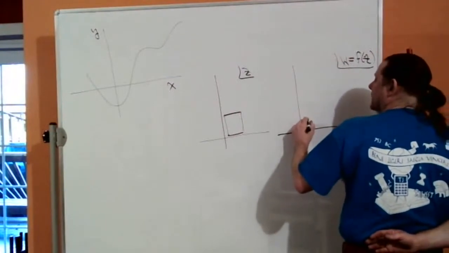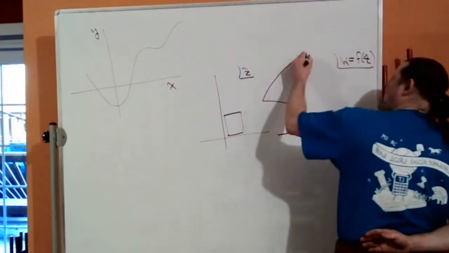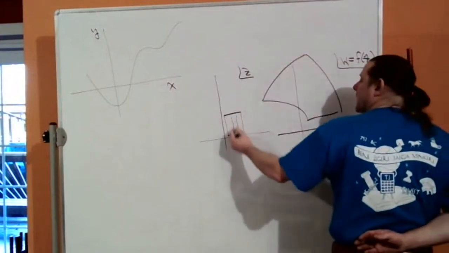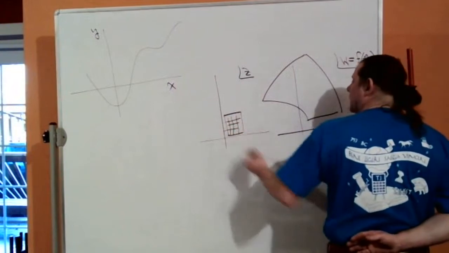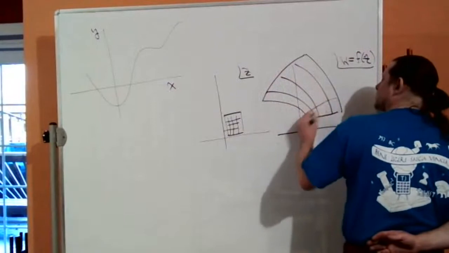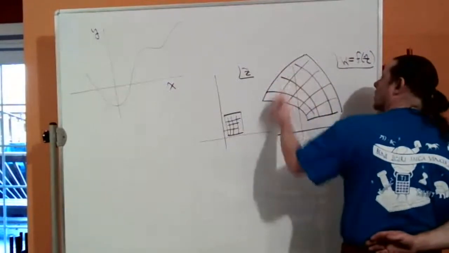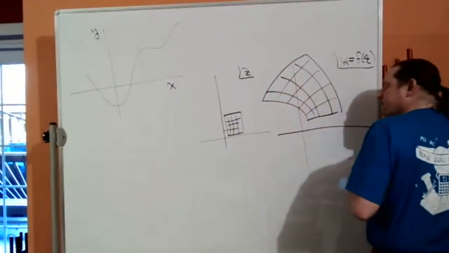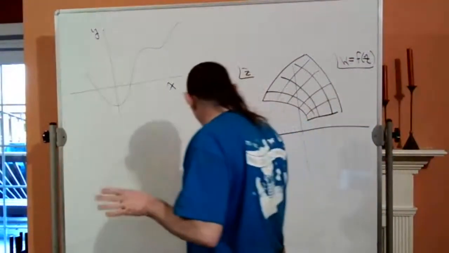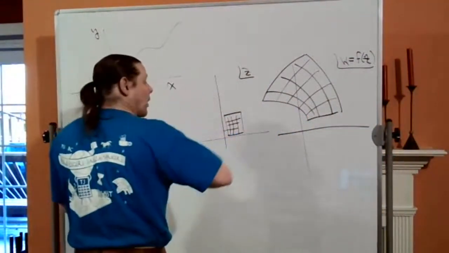And so what we'll find is that maybe with an input being this rectangle, the output ends up being this sort of curvy region. All right? Now, this is not perfect.